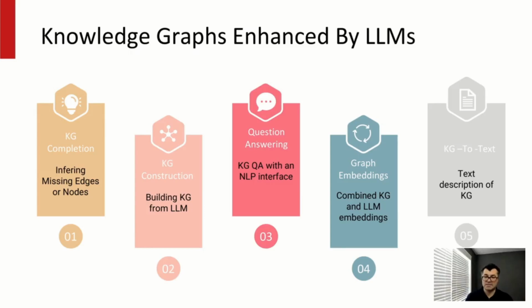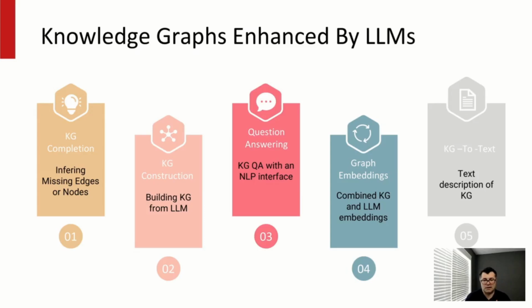Some other types of things where a large language model can be helpful are question answering and creating graph embeddings that are enhanced by large language model embeddings. So by combining those two embeddings, if you're looking at a neighborhood in a graph and doing some kind of learning on top of the graph, you now also have the ability to enhance the representation of a node, if I have emails or any kind of text data tied to it, to incorporate that.